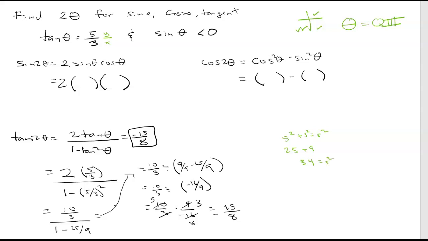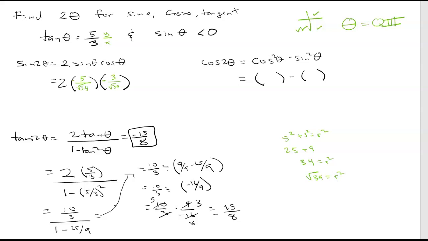So 34 is equal to r squared. R is always positive, no matter what. Now, let's see what happens if I don't rationalize right away. So for sine, I could just say 5/√34. For cosine, I'm going to say 3/√34. Now, I'm in the third quadrant, so that means that both of these are actually negative.